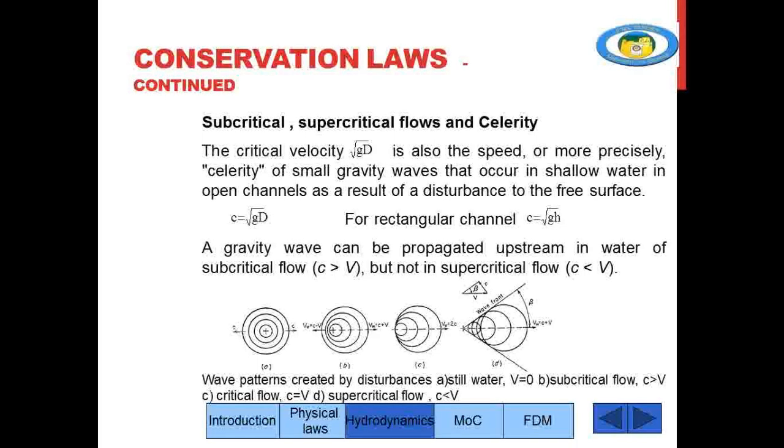So the magnitude is not the same. In case of critical flow, it would only propagate downstream. The velocity of flow has the same magnitude as the celerity, so the absolute wave velocity is V plus C, and since V and C are equal, it's going to be 2C. In case of supercritical flow, it's totally in the downstream direction, along the flow direction, and the absolute wave velocity is C plus V.